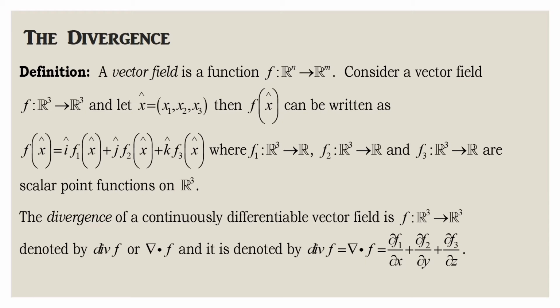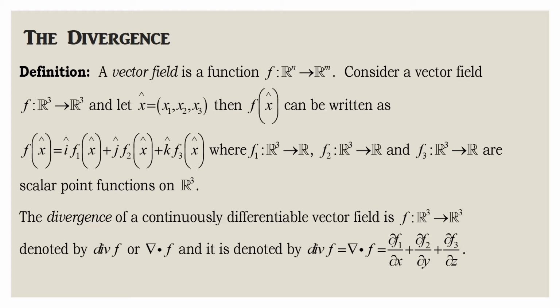The second piece is the partial derivative of the scalar field F2 with respect to y, that is ∂F2/∂y. The third piece, or the last piece, is the partial derivative of the component function F3 with respect to z, that is ∂F3/∂z. If we take the sum of these three pieces, we obtain the divergence of F.